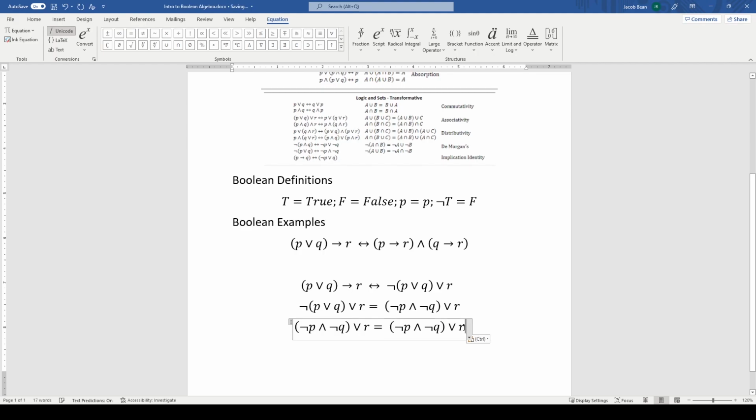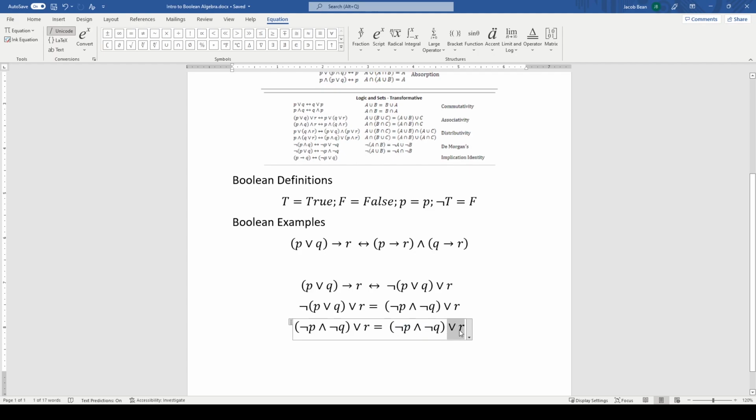We would take this or R, and here's a good rule of thumb. Here's how I like to remember how distribution works in my head. I'm distributing the operator as well as the variable here. So there's going to be two ors and one and when I'm done with this operation.